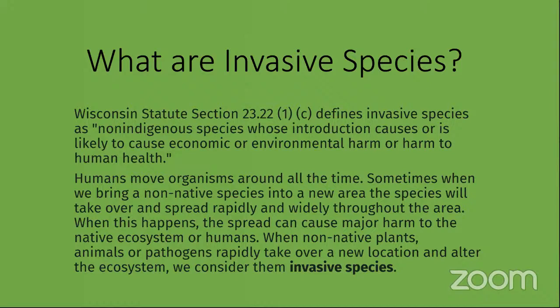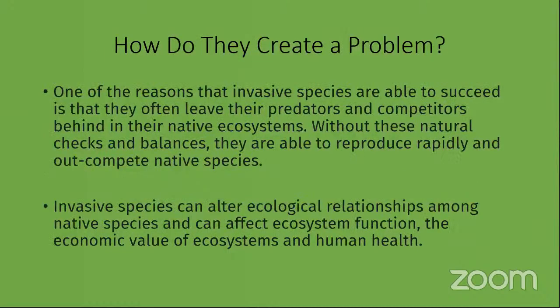And we have many different kinds of invasive species. There are insects, aquatic life, plants, diseases. There's a whole variety of things. But the thing that is important to remember, they are able to succeed because they often leave behind their predators and their competitors in their native ecosystems.